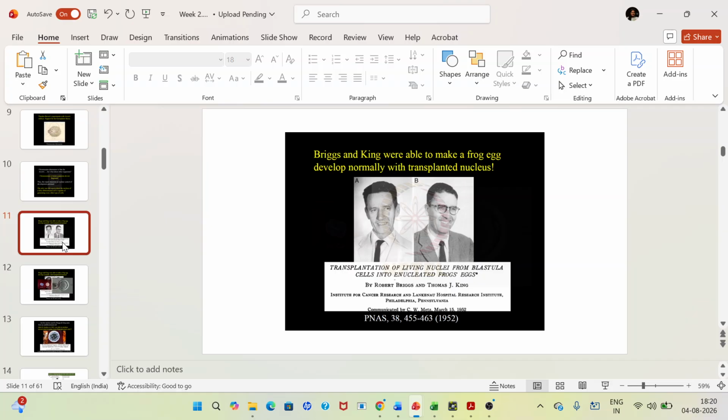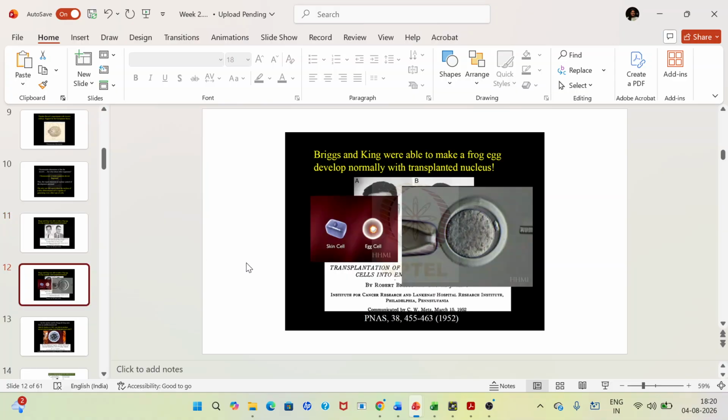They were able to develop very fine with the nucleus taken from the blastula cells because it has all the information. Only what it needed was the environment so that it could activate all of the genes required for development. So that is what these two gentlemen showed, that the nucleus has all the information, the chromosome has all the information.